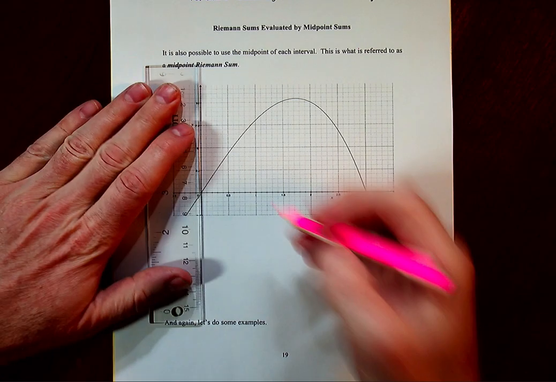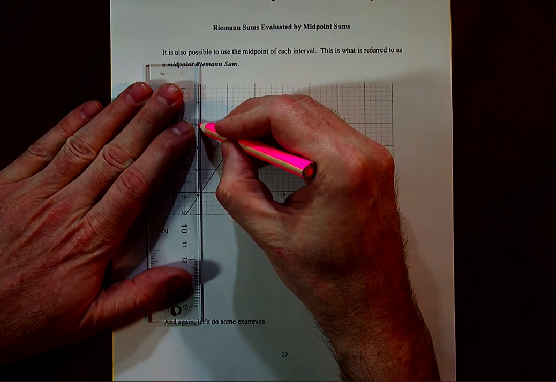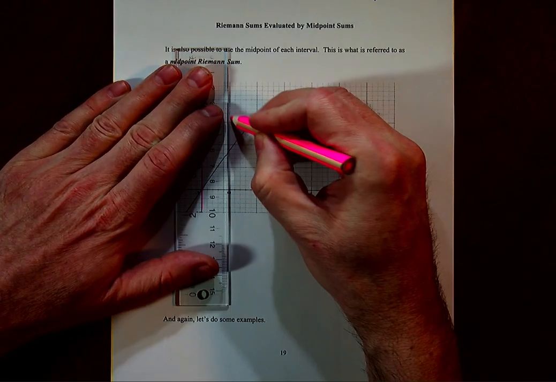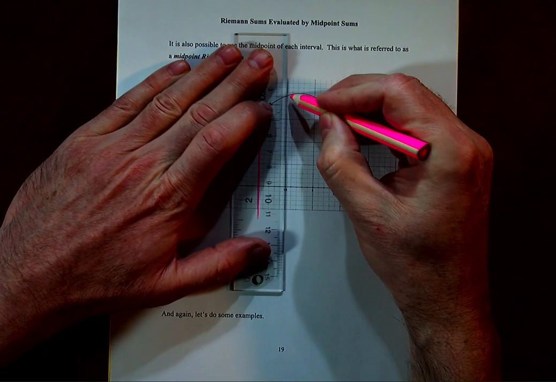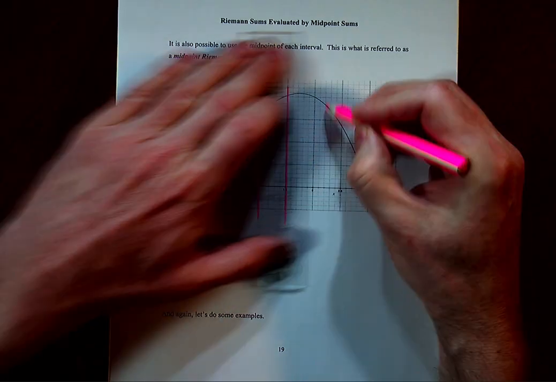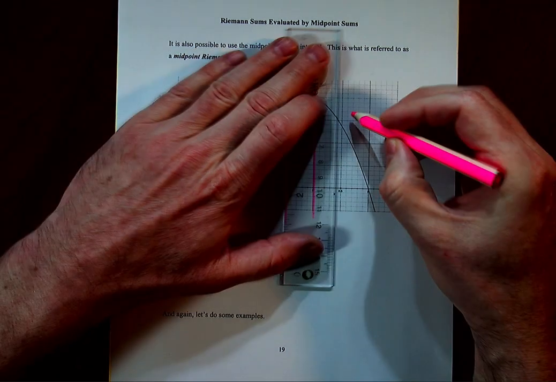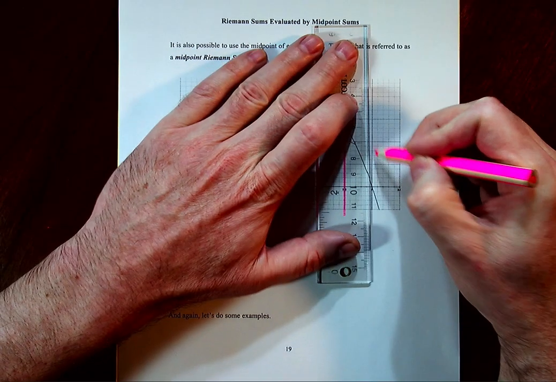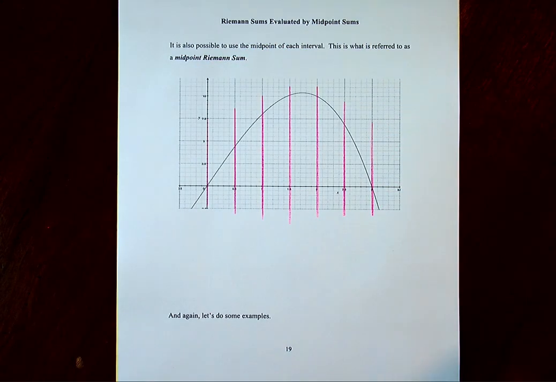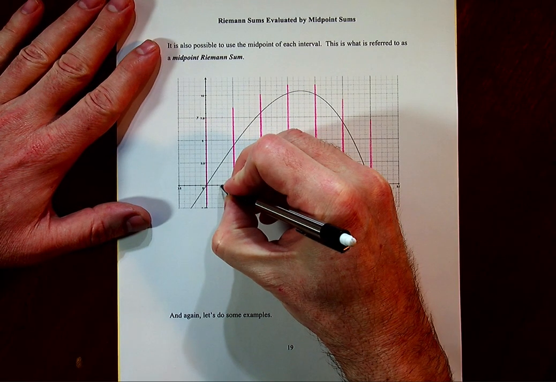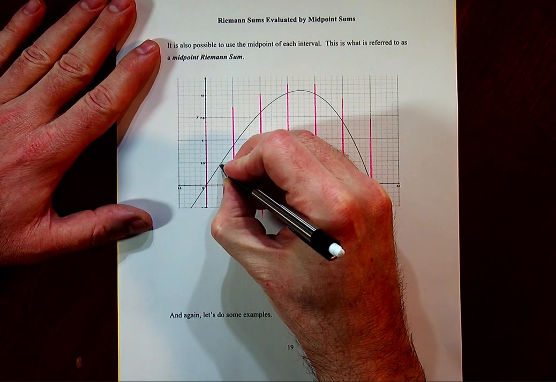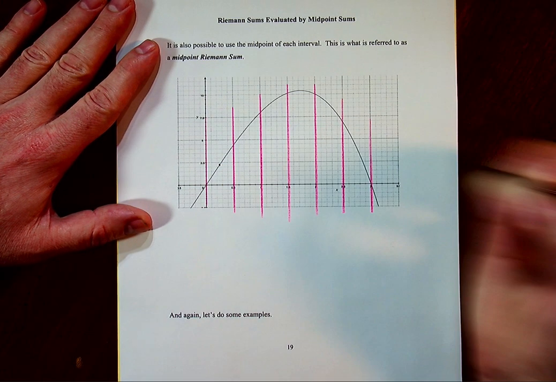Same function, same interval, same number of subintervals, and so it's still this kind of thing, okay? It's still this right here, 6 subintervals over 3, each of the subintervals being 1/2 unit wide, but we notice that we have to deal with the midpoint. So in the midpoint, if this is 1/2, then 1/4 is right about here, and its function value is here.